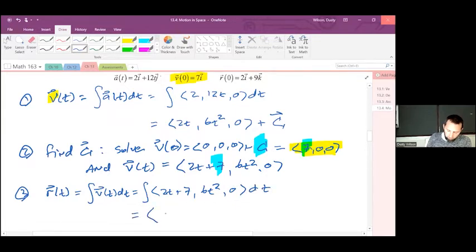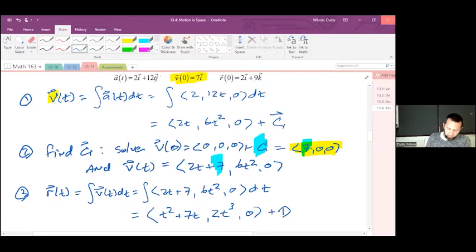And that will be t squared plus 7t, 2t cubed, and still 0. But now it's plus a new constant. Maybe we'll call this new constant d.